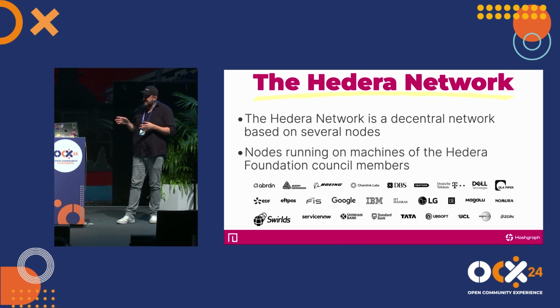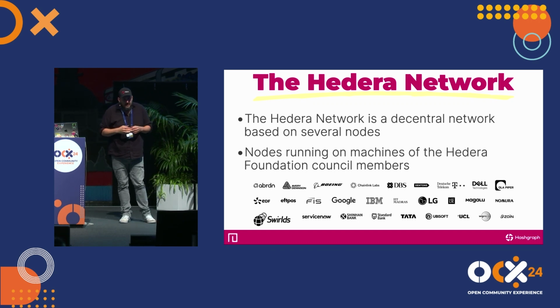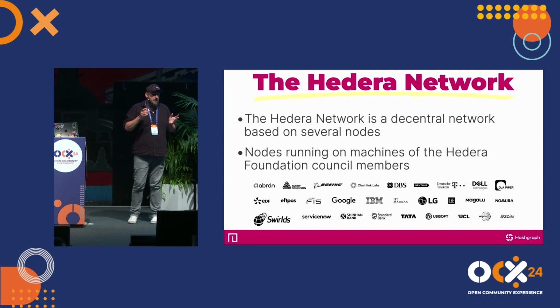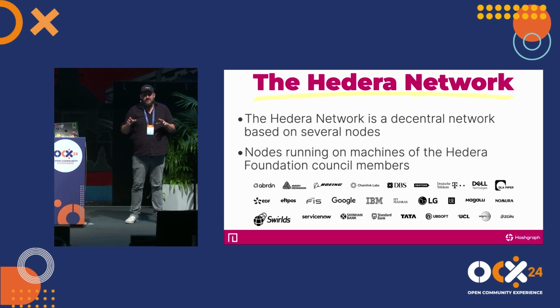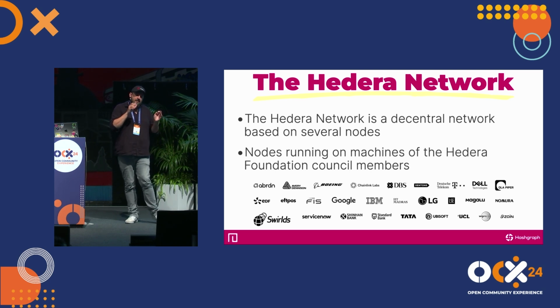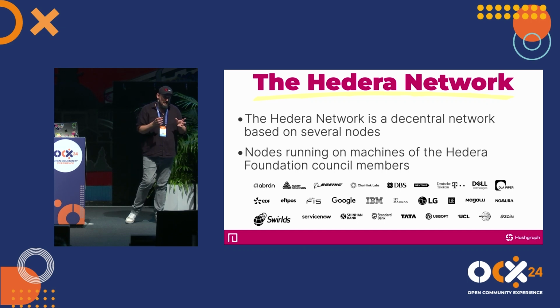What Hedera does is a little bit different, because they have a council, and as you can see on the slide, there are a lot of well-known companies that are part of the council: Deutsche Telekom, IBM, Google, the banks we've just seen, Boeing, and so on. So companies from different sectors and different countries of the world come together, and those companies form the network.